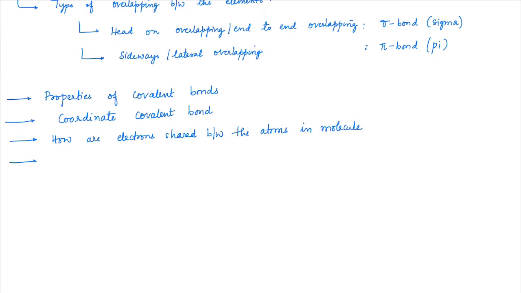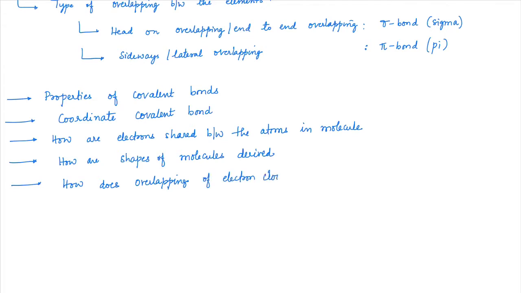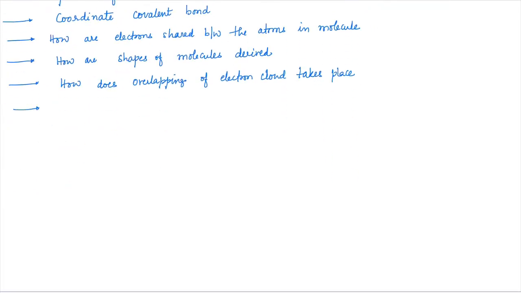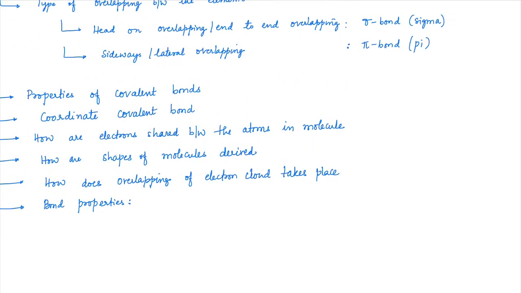How are shapes of molecules derived, how does overlapping of electron cloud takes place. Okay, what are the bond properties of covalent bonds? Okay, these are the main objectives in this covalent bond chapter.